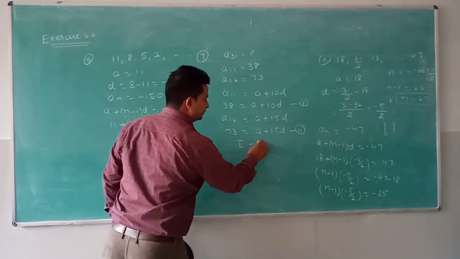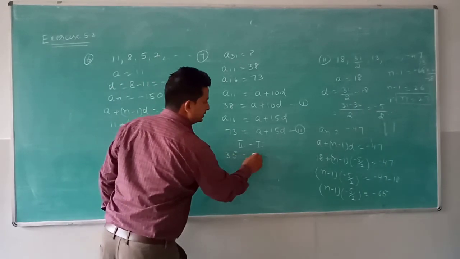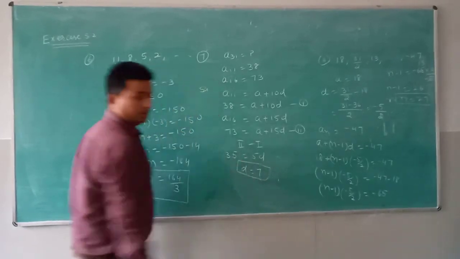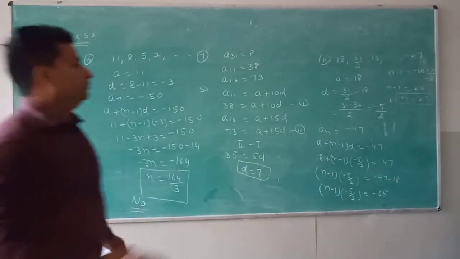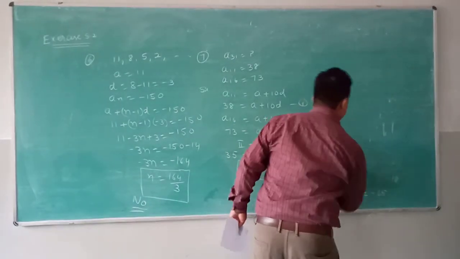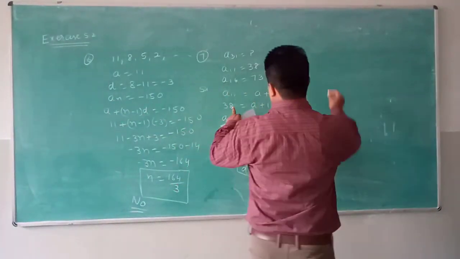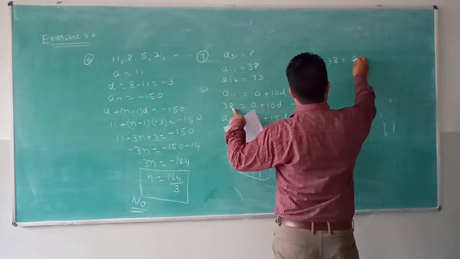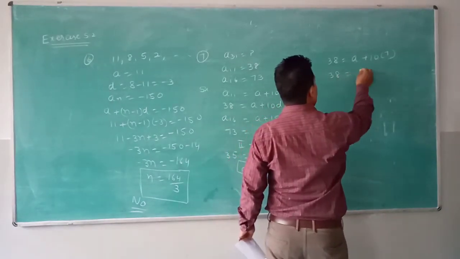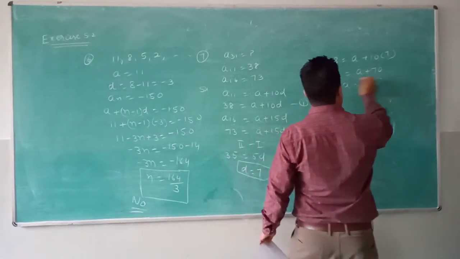When we subtract the first equation from the second, we get 35, which is 5d. So d is equal to 7. When we put the value of d in equation 1, we get the value of a. So 38 equals a plus 70. So a is minus 32.